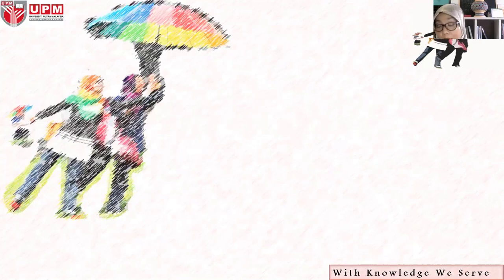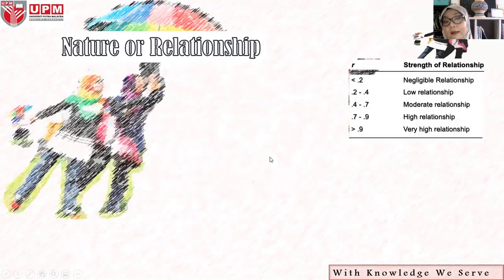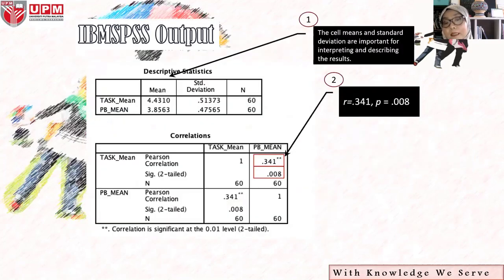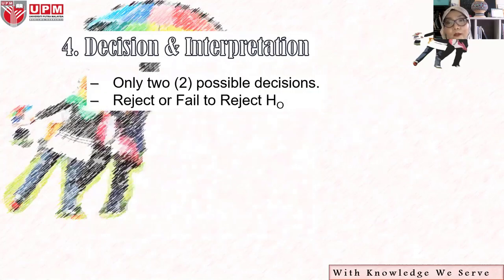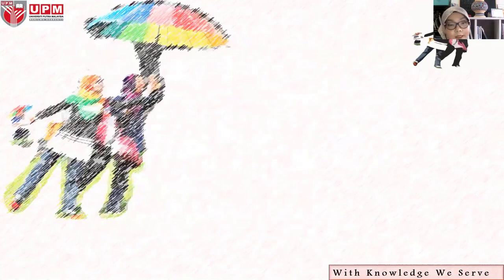But for Pearson correlation, the analysis already provides you with either one or two tails, so no need for you to divide. That is why our output indicates that it is 2-tail. If you select 1-tail, it will indicate that it is 1-tail. So for correlation there is no need; correlation is not the same as comparison. Any other question before we proceed to the second type of correlation analysis?